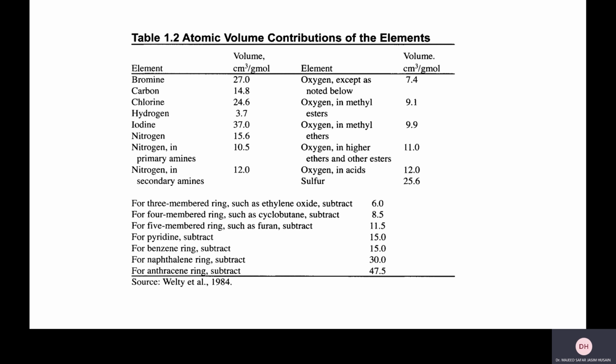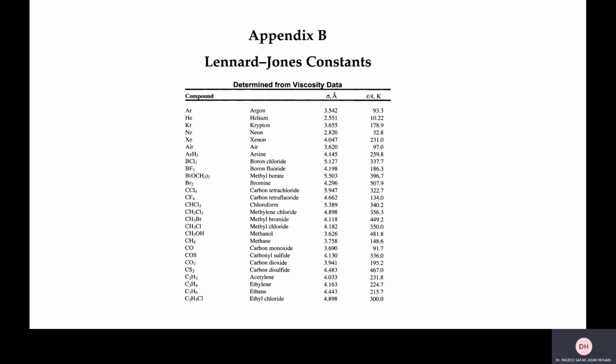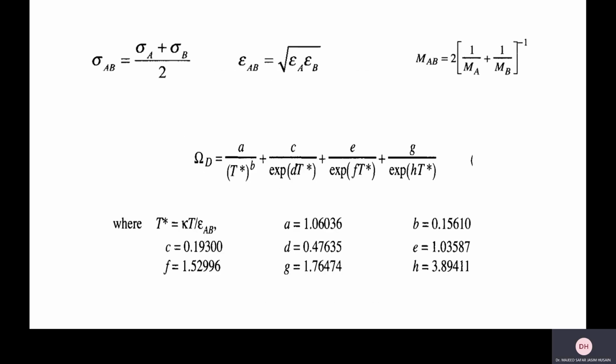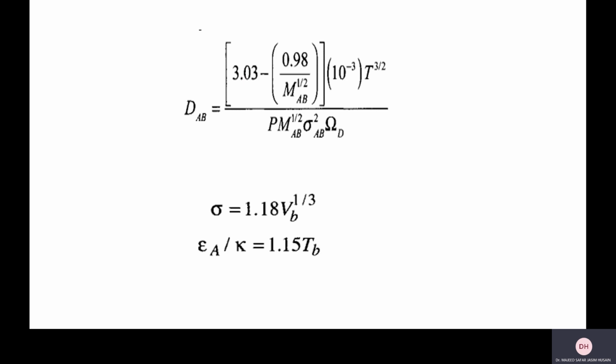If you have now calculated the VB, you can calculate the sigma B. If you calculated now sigma B, or A, sorry, it should be given to you as 5.24 angstrom.